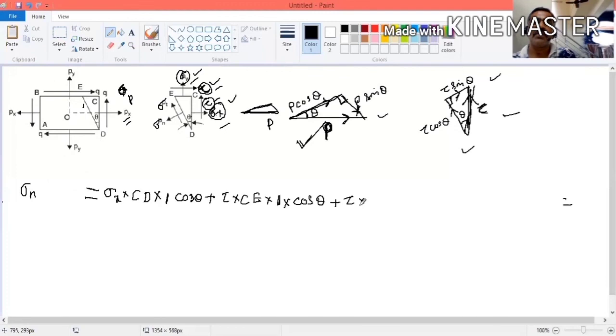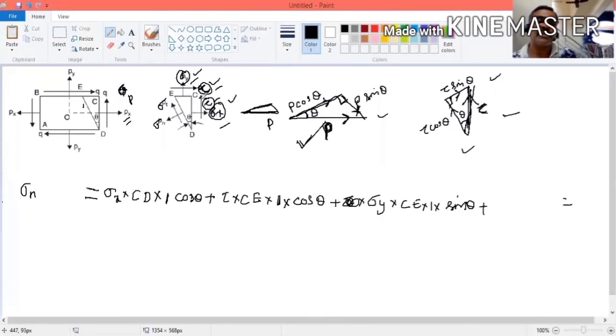Sorry, not tau. This is sigma y, a stress. You multiply with area to convert into load. Sigma y is acting here, so this is CE into 1, perpendicular distance is 1, into sin theta. Plus another one, tau.